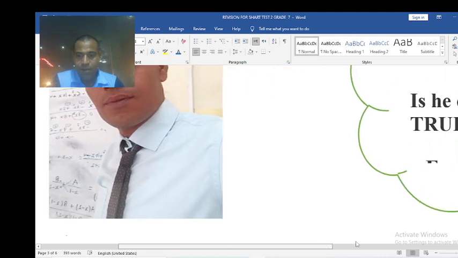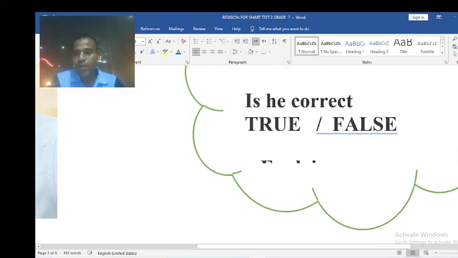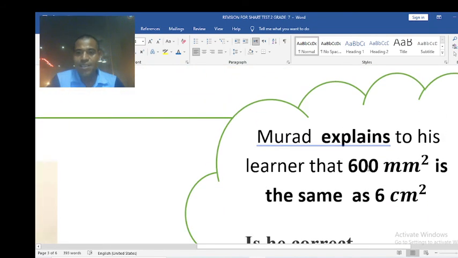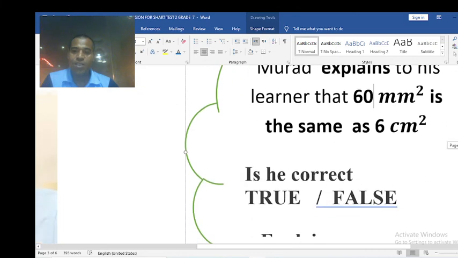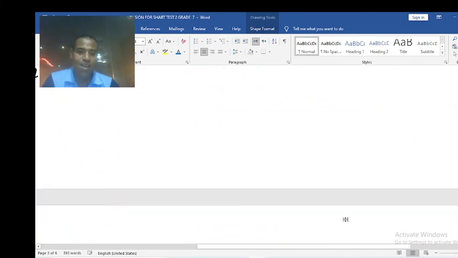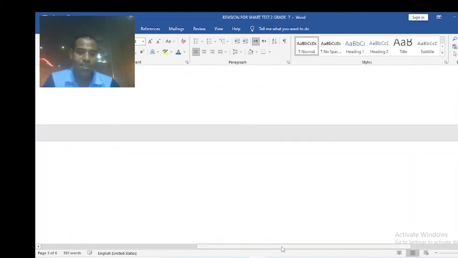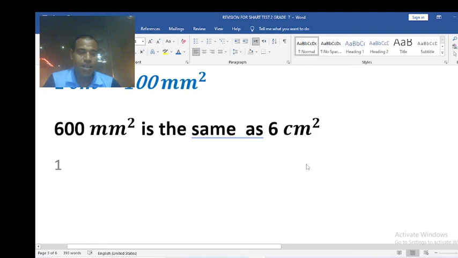I will go back to this one. So this is 60 millimeter square. Is it 6 centimeter square? We said the answer is false, and this is the explanation or reason that you should write there. Now I will continue.